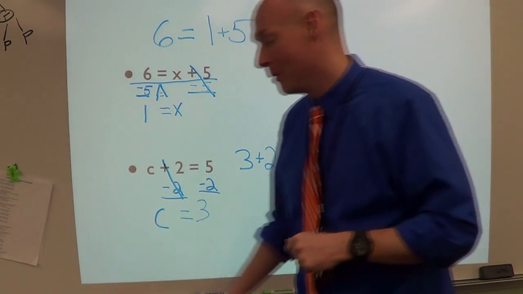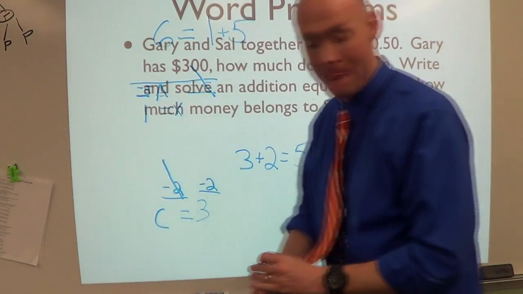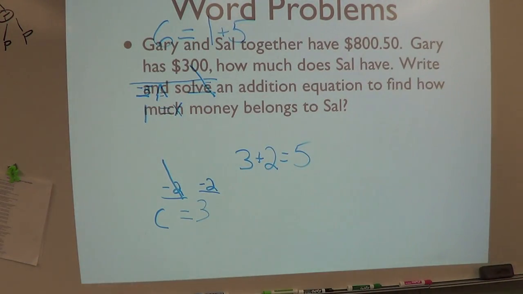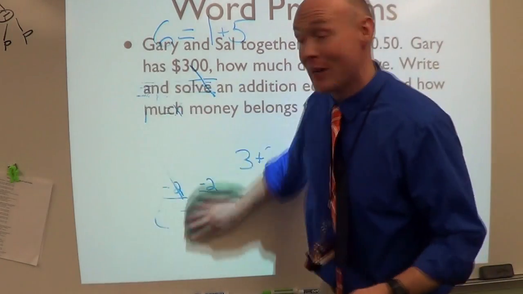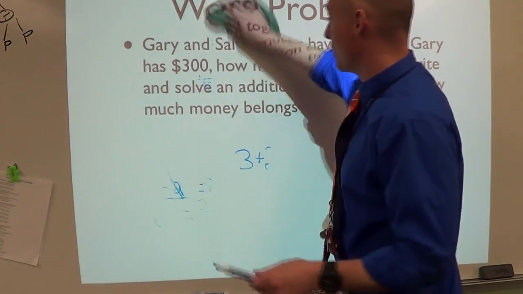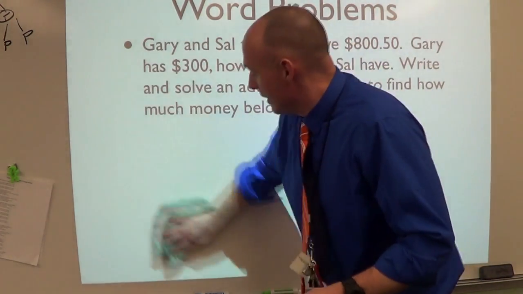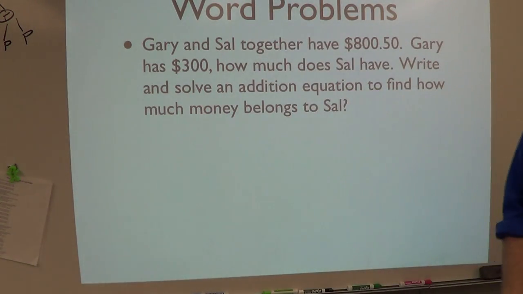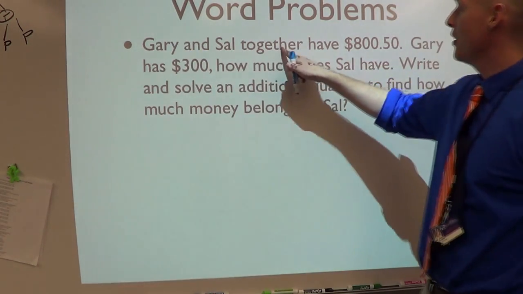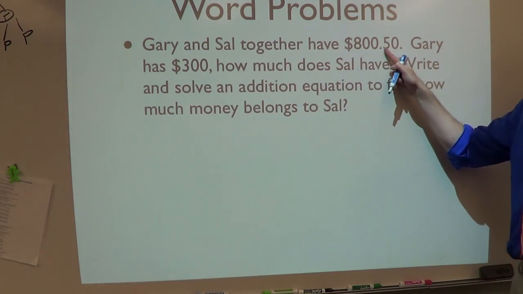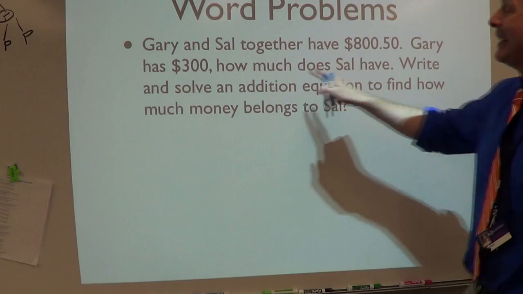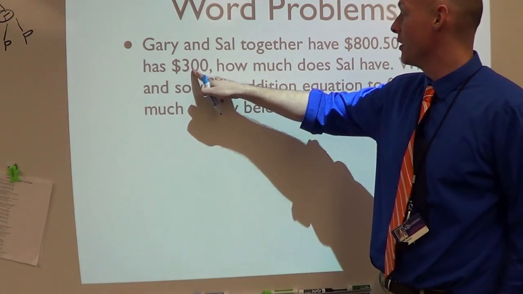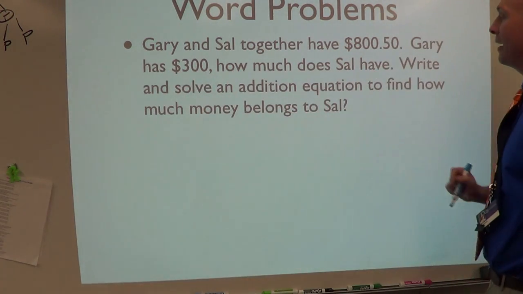Let's try some word problems. It'd help if I erased my marker so you could actually read the word problem. Okay. Here I have: Gary and Sal together have $800.50. Gary has $300. How much does Sal have?